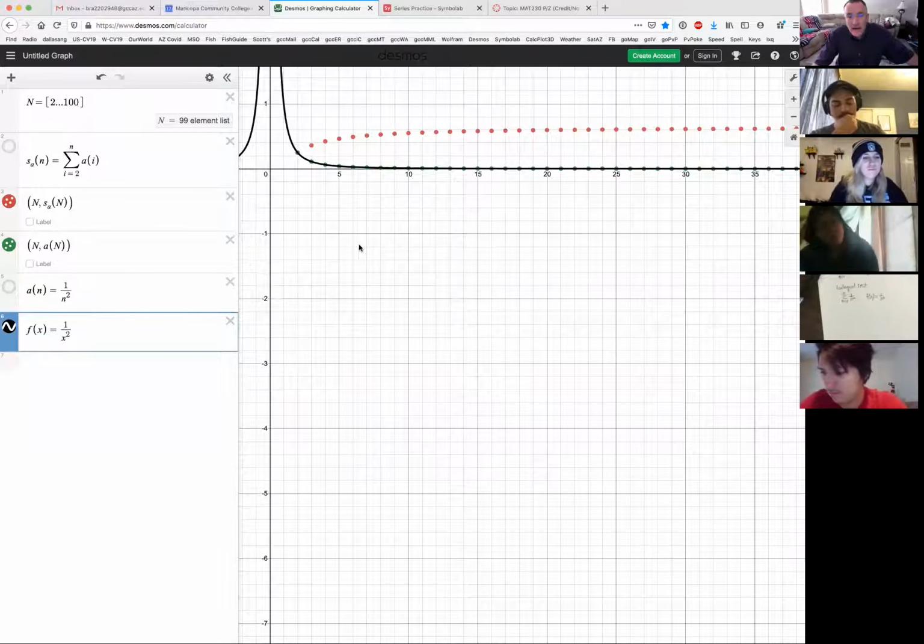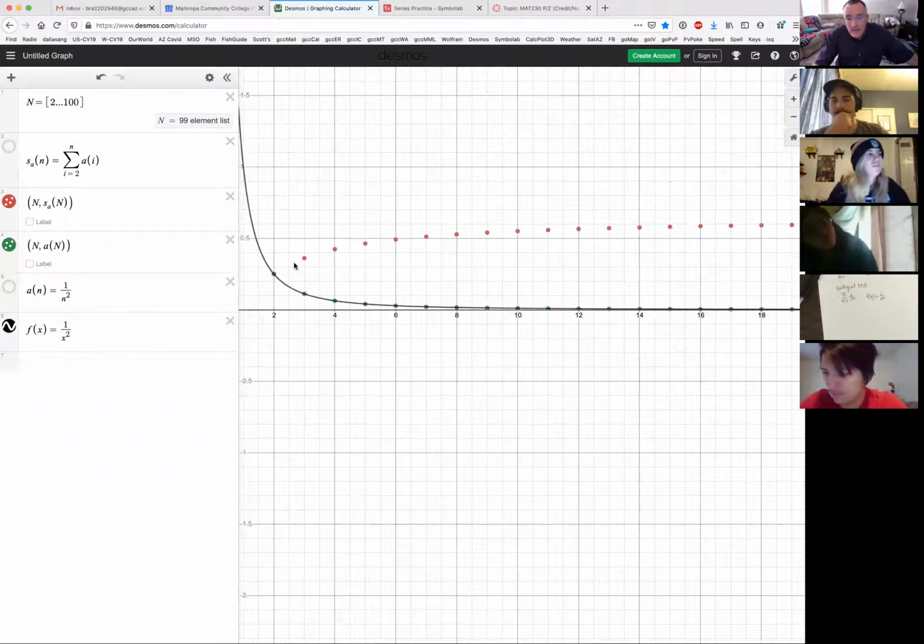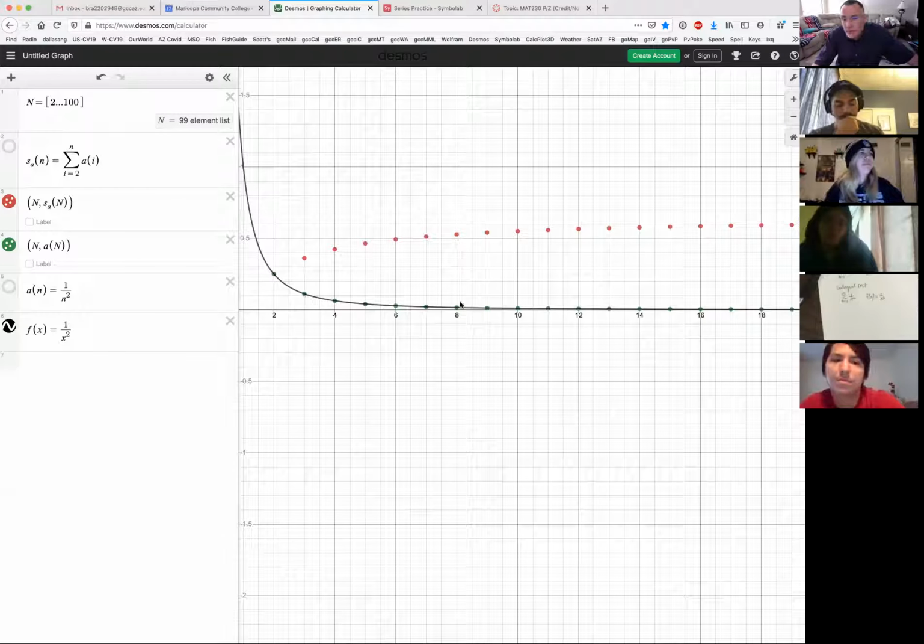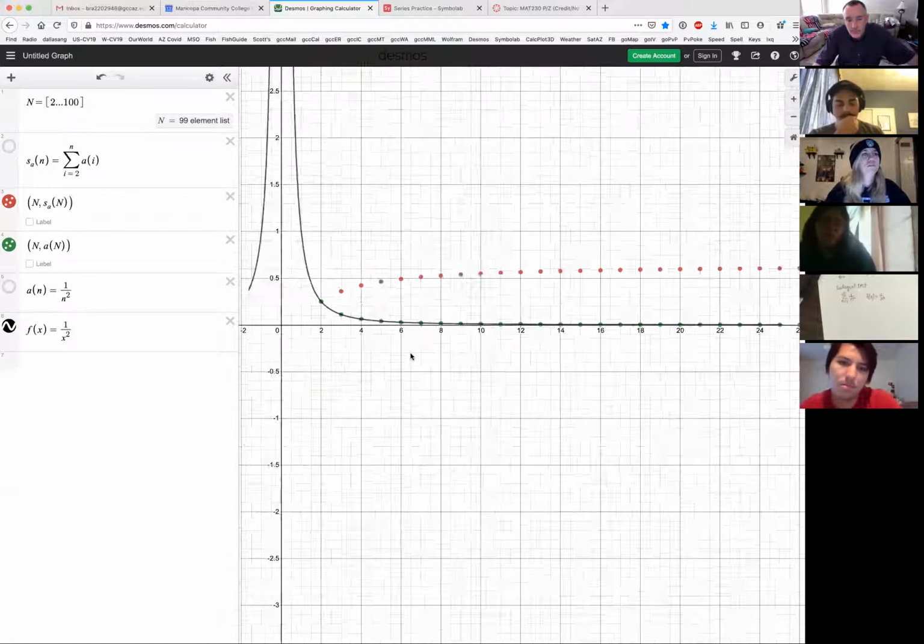And it looks like, yeah, you know what? The green dots are following right along the function. So we already learned that wherever the function goes, the green dots have to go. This was really handy for finding the limit of a sequence, and it's going to be handy for doing this test as well. Okay.